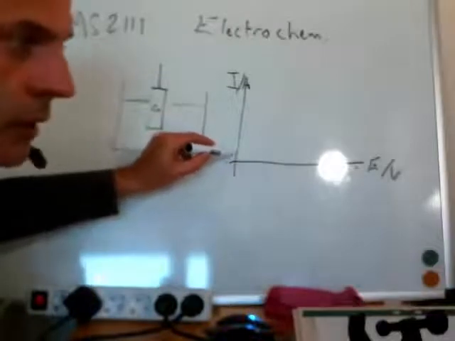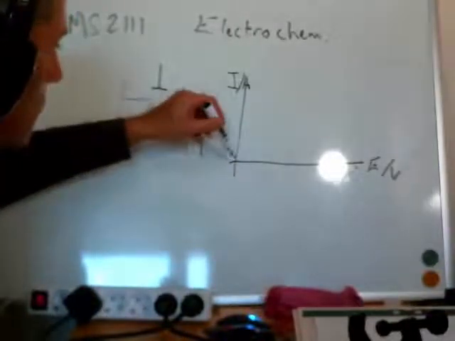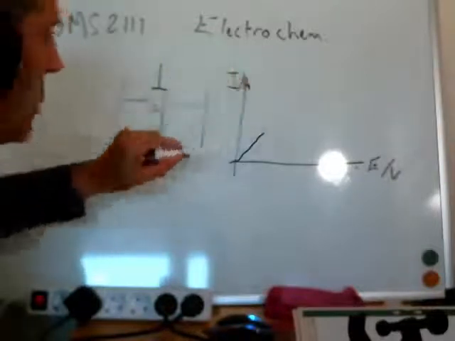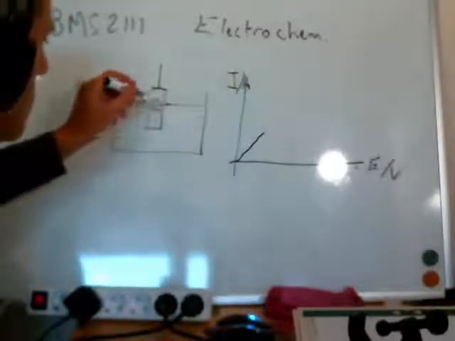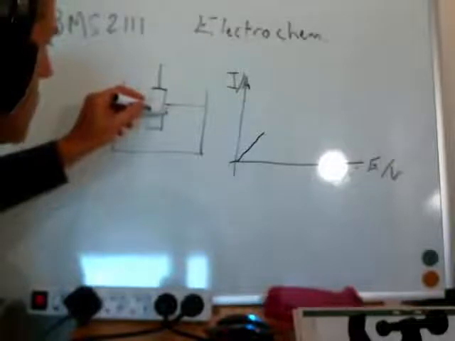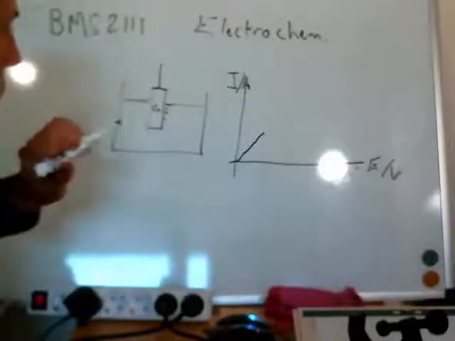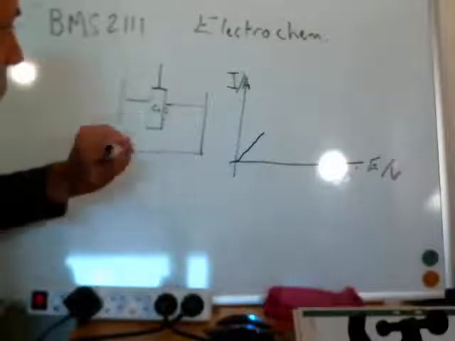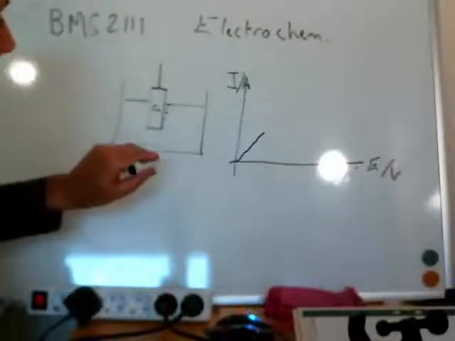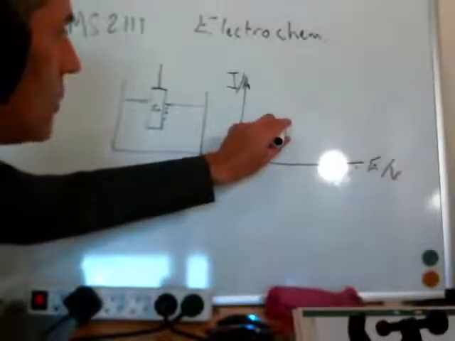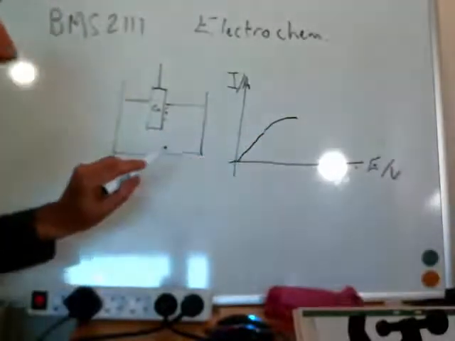As we increase the voltage, copper will dissolve, but we will reach a point when the copper dissolves and gets into solution very close to the electrode, and then is trying to redeposit, and it becomes harder to dissolve, so the current will curve off.